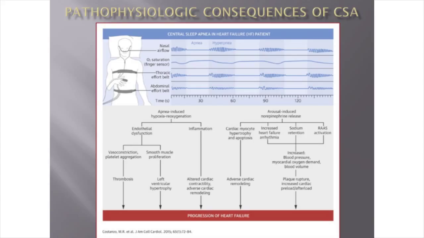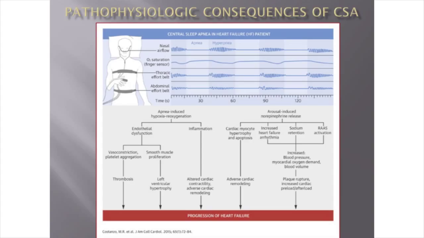I would like to let you know that I actually have this graph, especially the bar graph, laminated and in my pocket, and I take it with me when I explain central sleep apnea to patients, because what I want to drive home to them is the fact that central sleep apnea is not a benign condition.